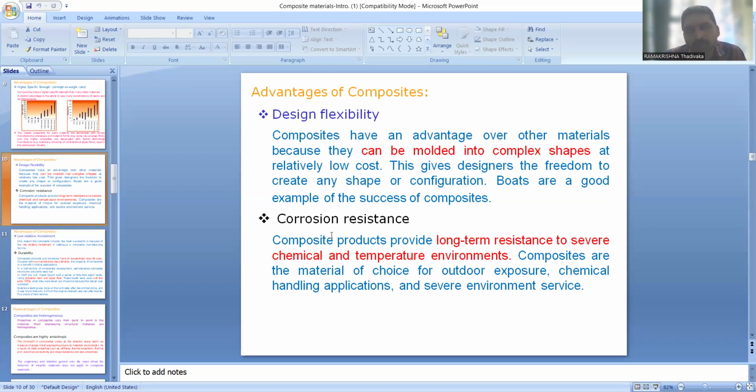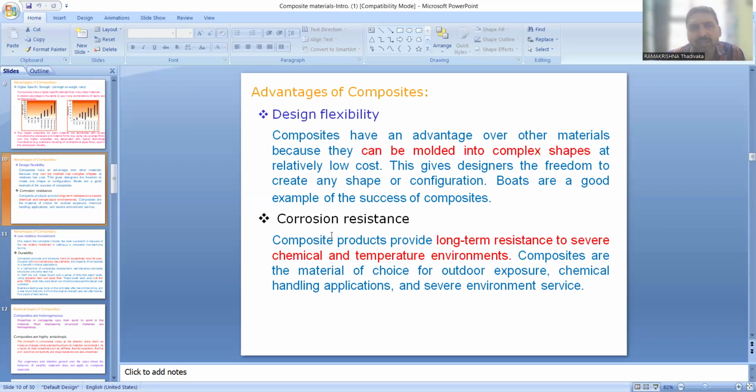When you keep any object outside in the environment, after a few days you will see some formation of rust. Rusting degrades the material. That is called corrosion. Corrosion is very dangerous, particularly in materials.